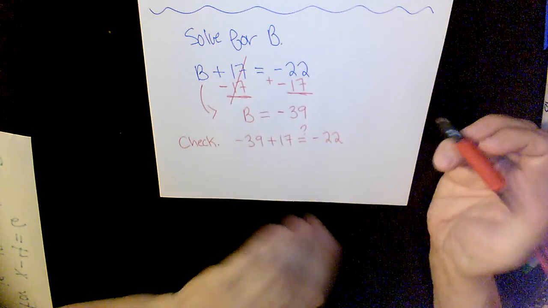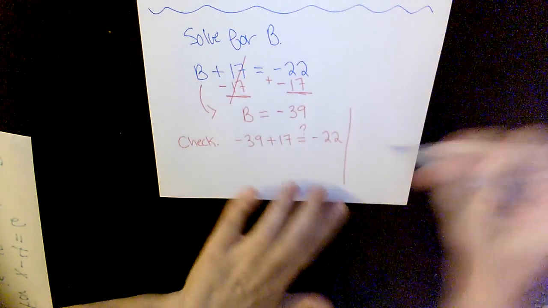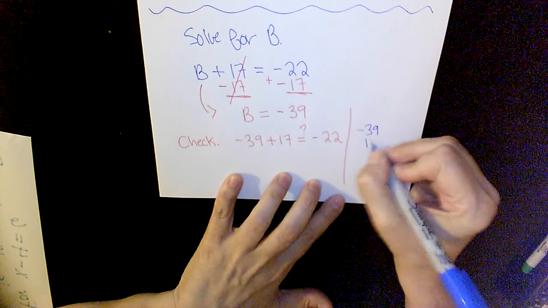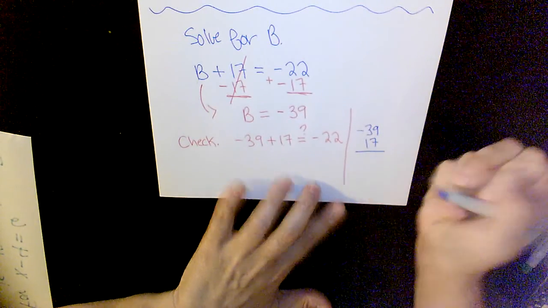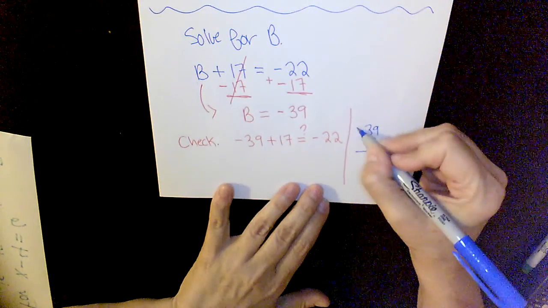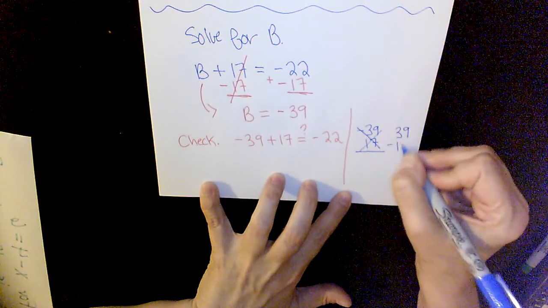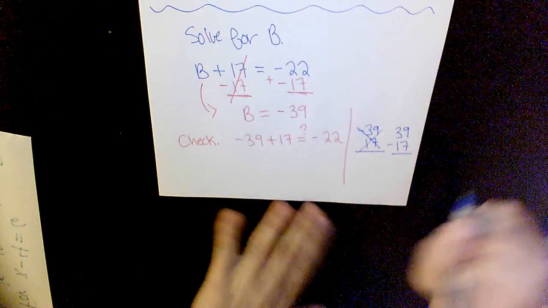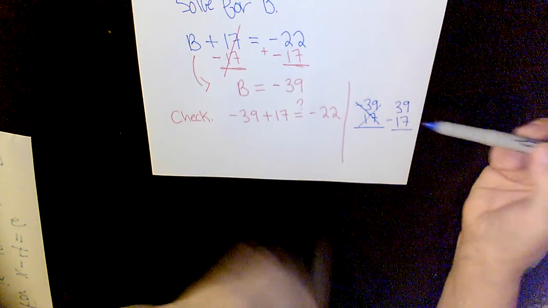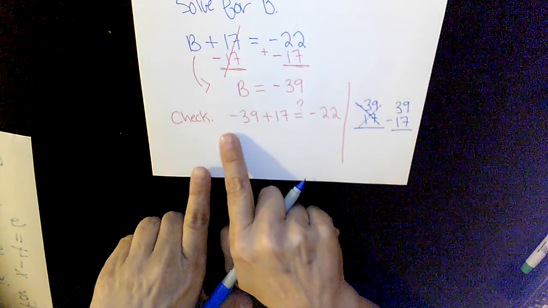Well, remember, when I have a negative and a positive and I'm adding them together, I'm really subtracting them, right? So let me rewrite this. I'm really subtracting them, because I don't want this to be too confusing. And remember, the sign goes with whoever has more.